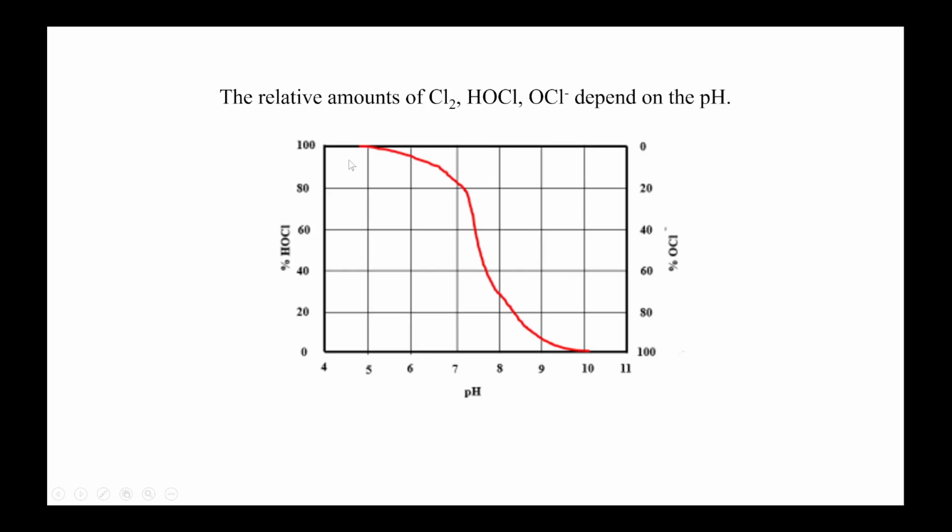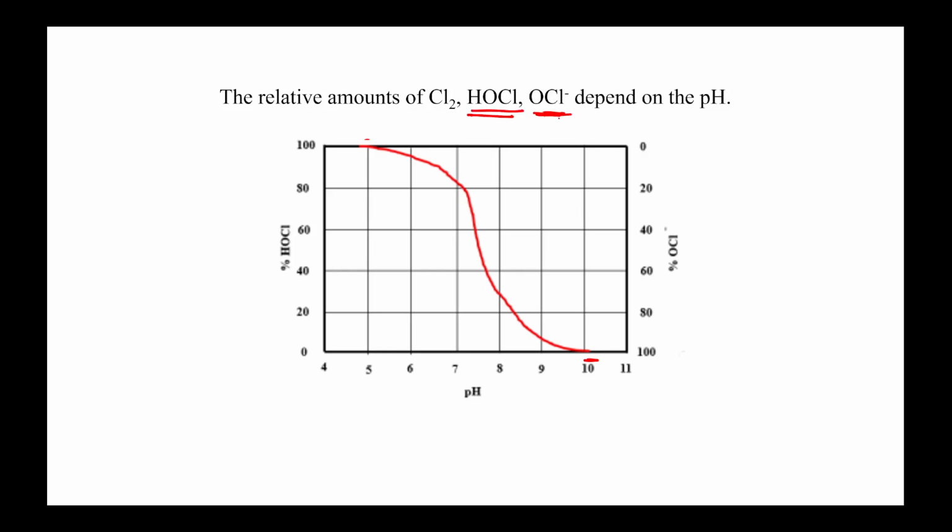Whenever we do chlorination, we dissolve chlorine in water, and as a result we form hypochlorous acid. This molecule gets dissociated into its respective ions. So this ionic form is predominantly present after pH 10. Below pH 5, 100% HOCl will be there, and above pH 10, 100% OCl minus will be there.